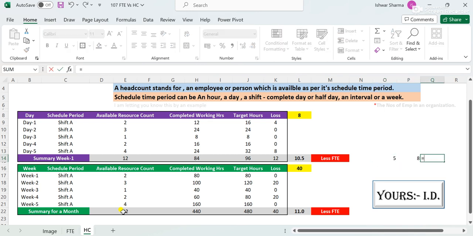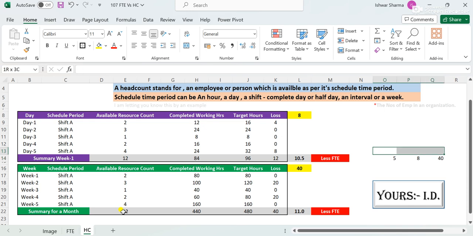So the target for a week for an employee is 40 hours. Now I'm taking 40 hours here. So 2 employees have completed 80 hours, 3 have 100, one has 40, two have 60, four have 160. So total hours was 440 hours, while the target was 480 hours.